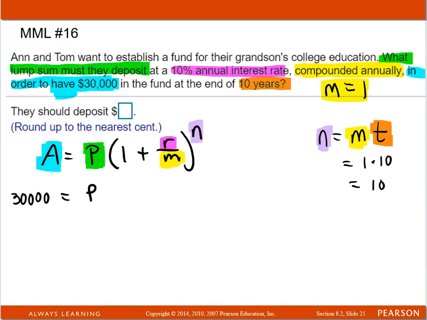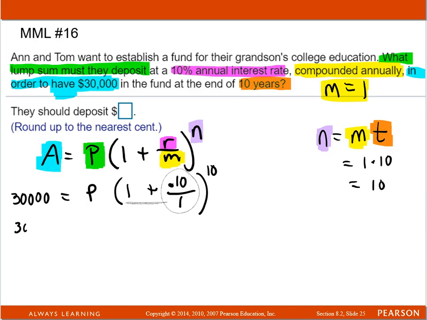We leave P in the formula because I don't know what it is. 1 plus r is 10% over 1, and we raise that to the power of 10. And on this one, 0.10 divided by 1, that's just 0.10. And then when you add it to 1, you'd get 1.10.